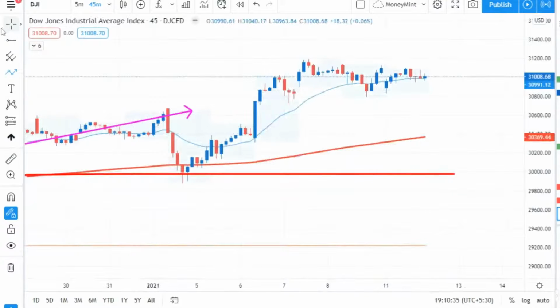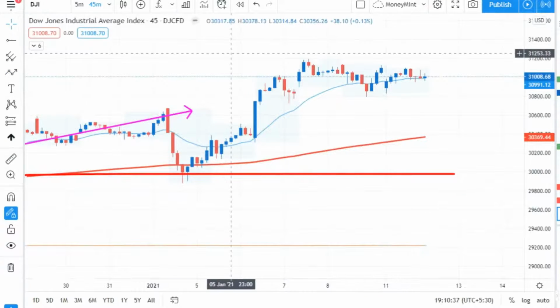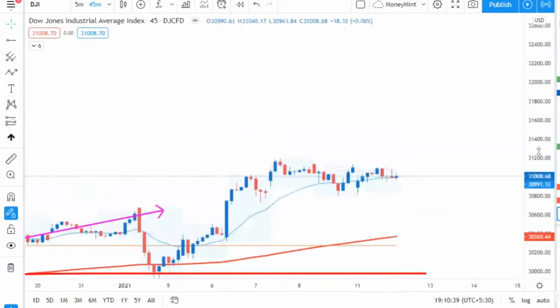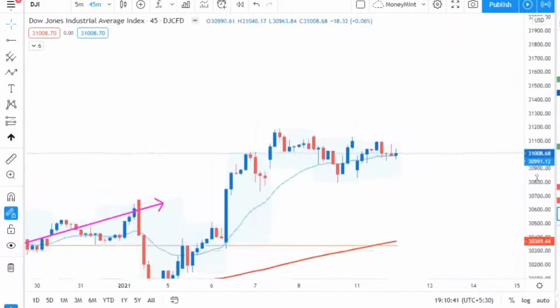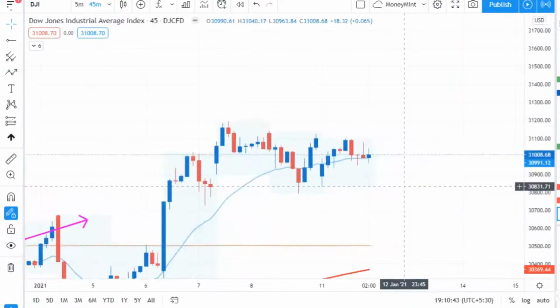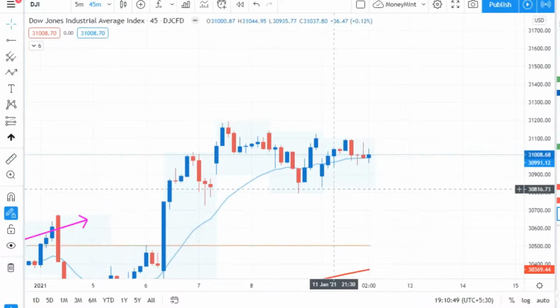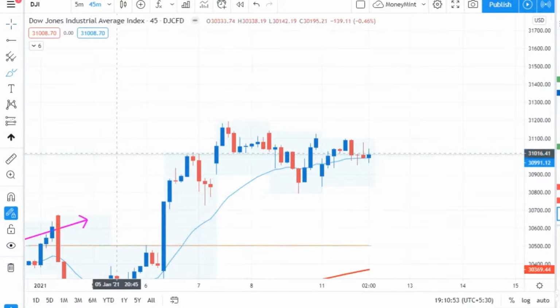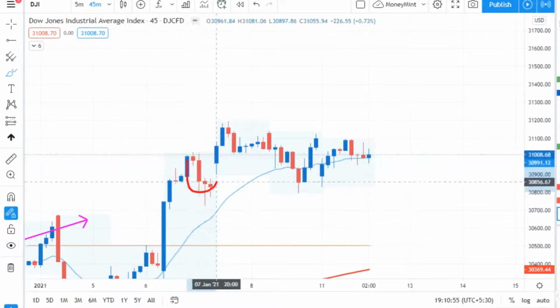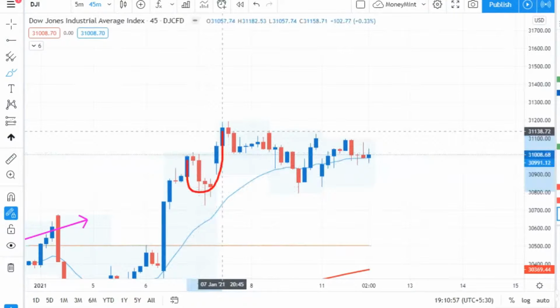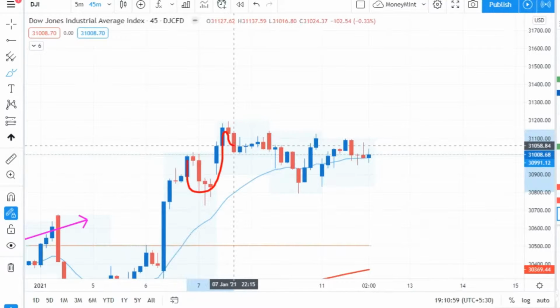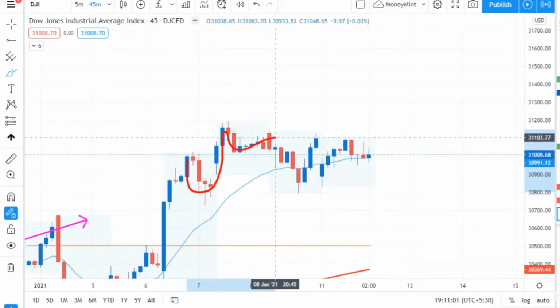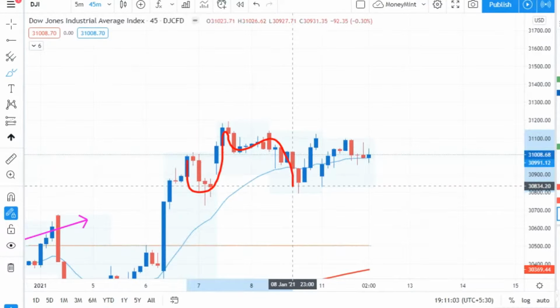On the 45 minute candle, we can see that the price action is sideways and confusing, where consistency in higher highs, higher lows, lower highs, lower lows is not maintained. What I mean is that here it made a lower high, higher low, then a higher high, then a lower high, then a lower low.